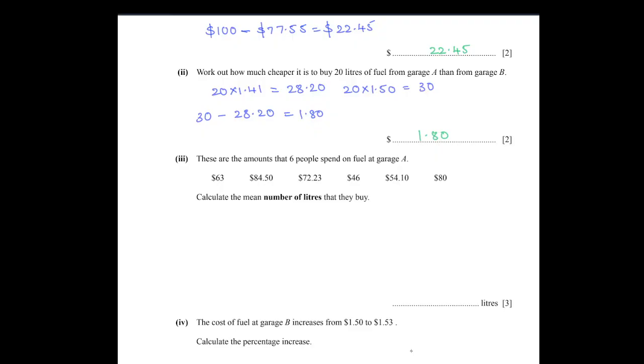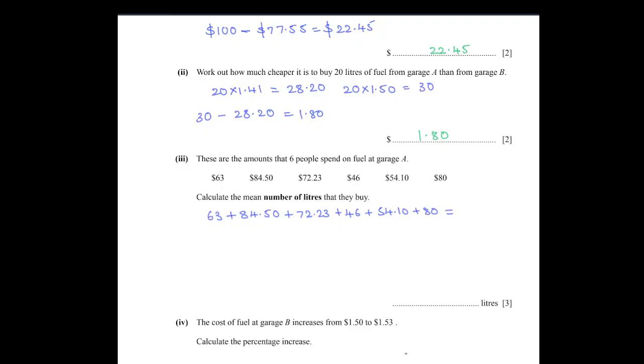So add 63. Let me write it first. 63 plus 84.50 plus 72.23 plus 46 plus 54.10 plus 80. Add and first find out the total amount for 6 people.